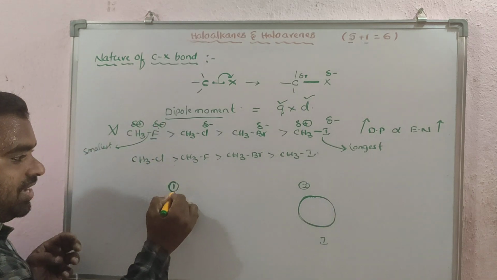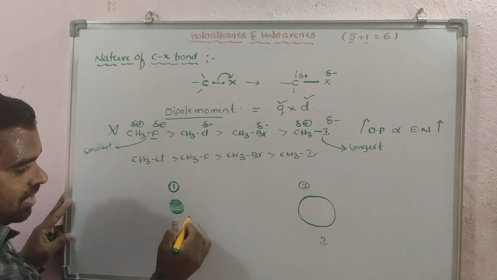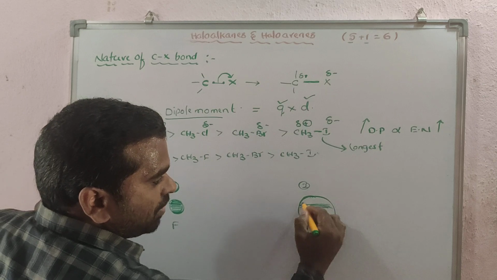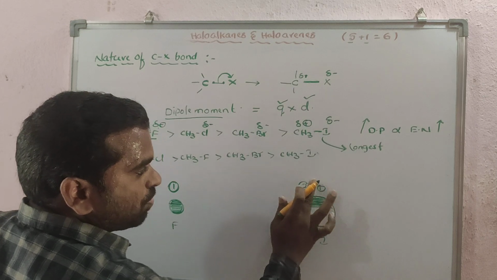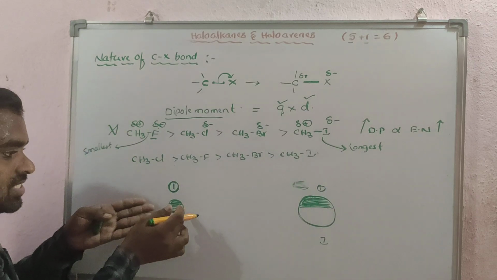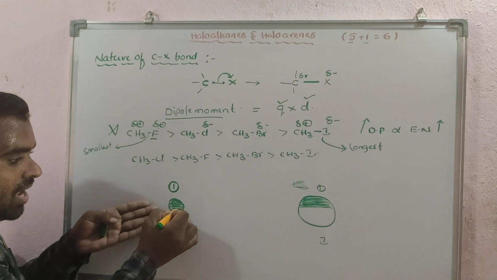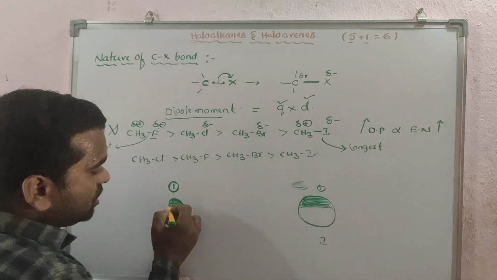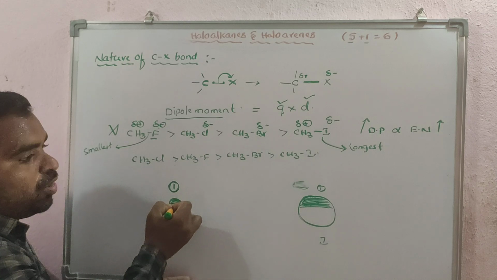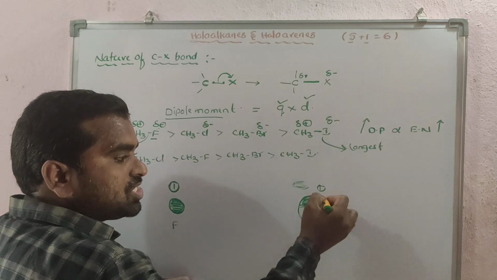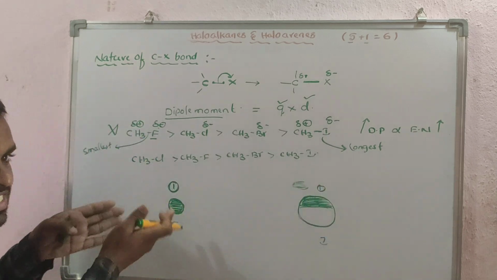So the small boy's stomach will be full, but the other's will not be full because he needs more. Likewise, the charge is totally distributed throughout the fluorine atom, but not distributed throughout the iodine atom, because the size of iodine is big and fluorine is small.